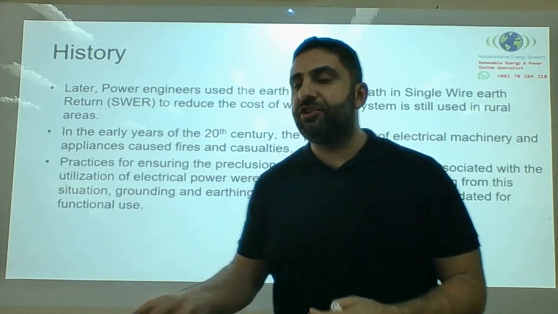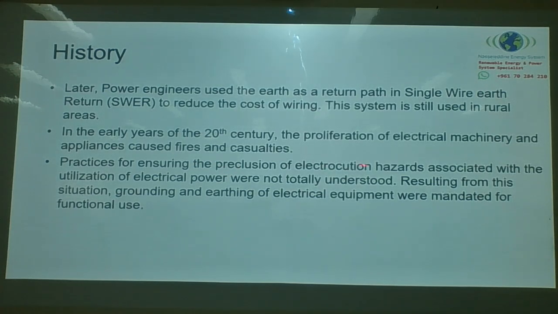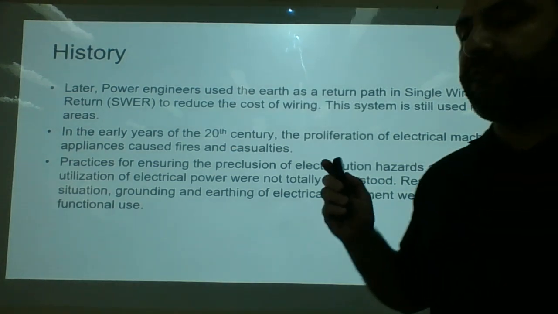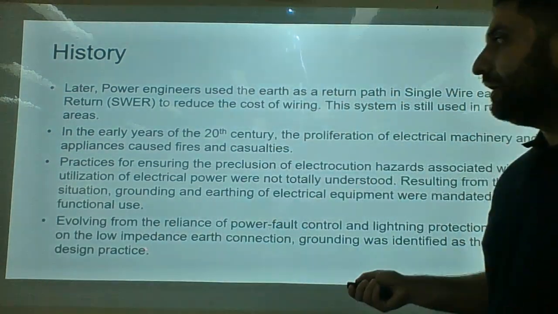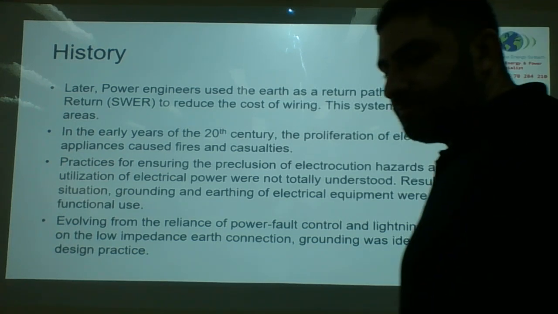After a lot of research, practices for ensuring electrocution hazard prevention, associations, all these meetings, all this investigation resulted from this situation. Grounding and earthing of electric equipment were mandated as a functional use, evolving from the reliance of power fault control and line protection systems on the low impedance earthing connection. Grounding was identified as the ultimate design practice.